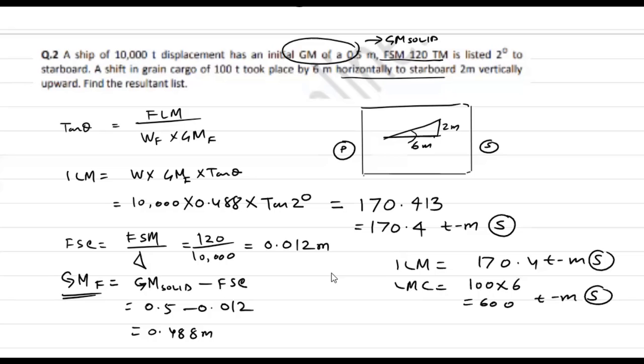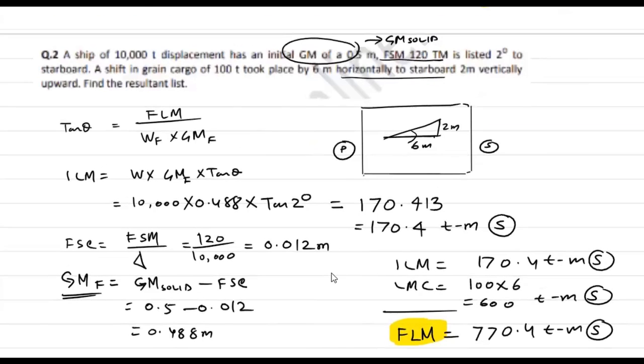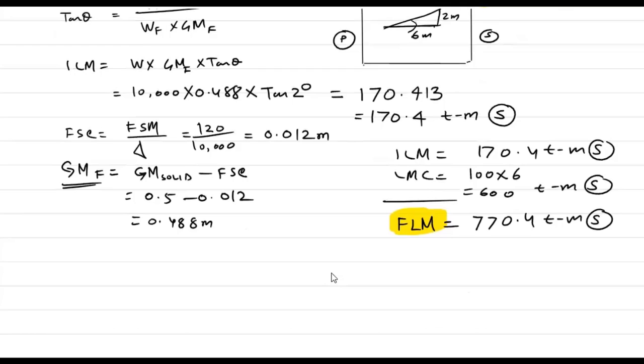So what is the final list moment? The final list moment will be 170.4 plus 600 ton-meter. In your question you have final. Since it is shifting, WF remains the same, 10,000.